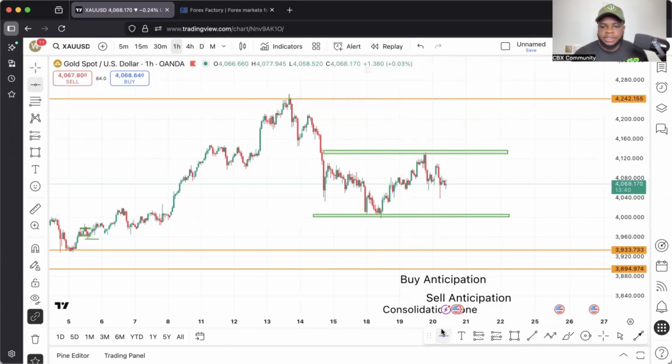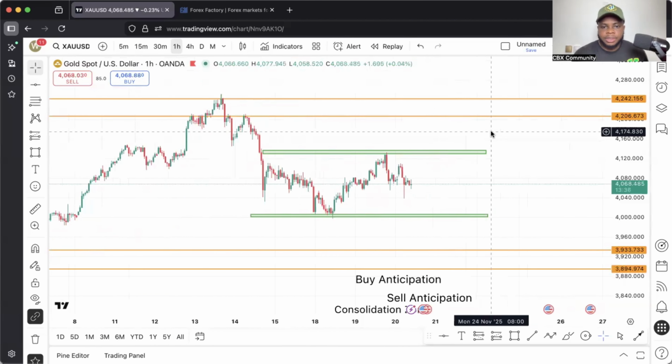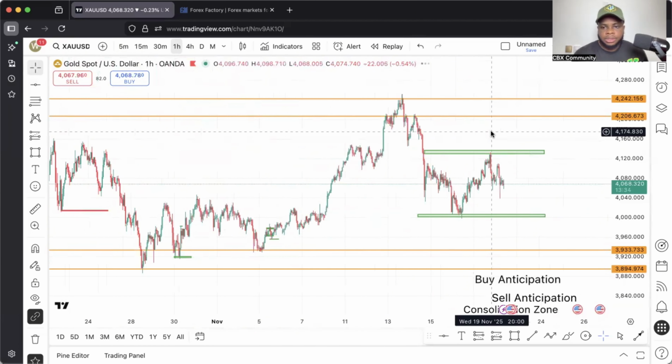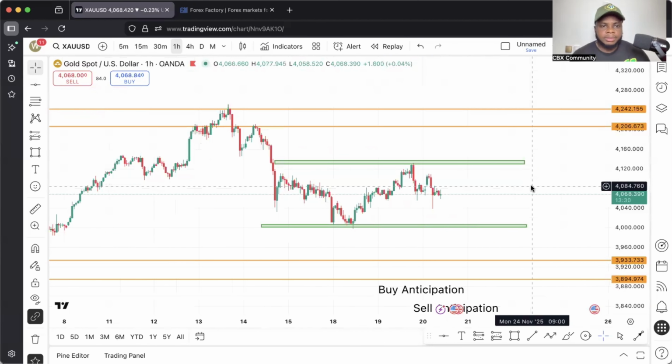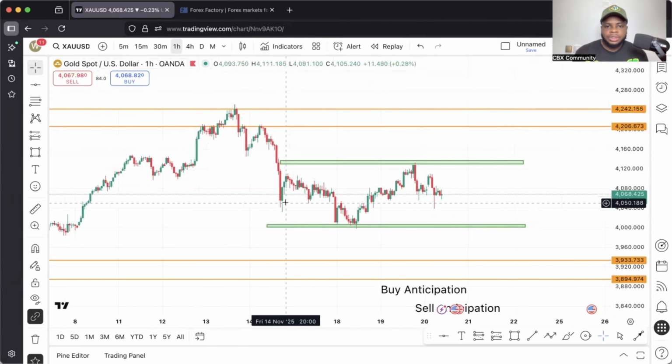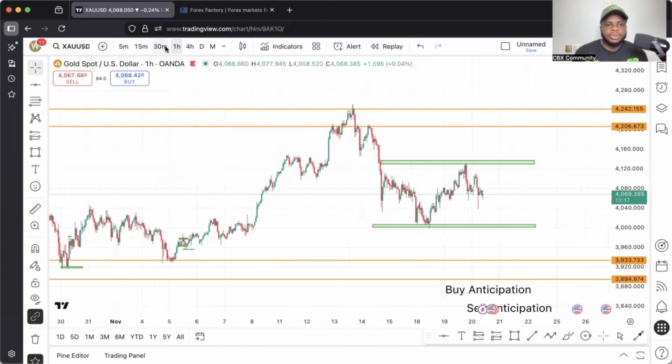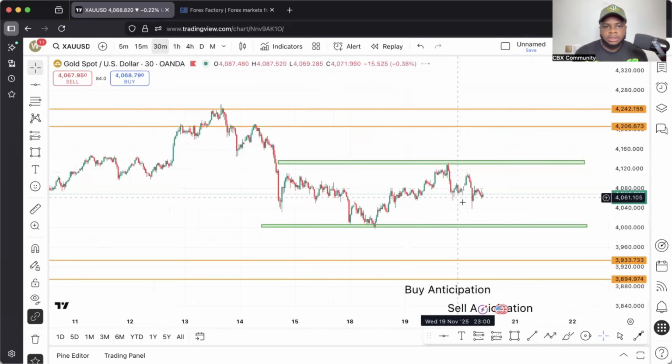We also have a resistance zone over here. Definitely, the more we keep changing the different time frame, we'll try and identify the recent resistance and the recent support. So let's go to the 30 minutes time frame.